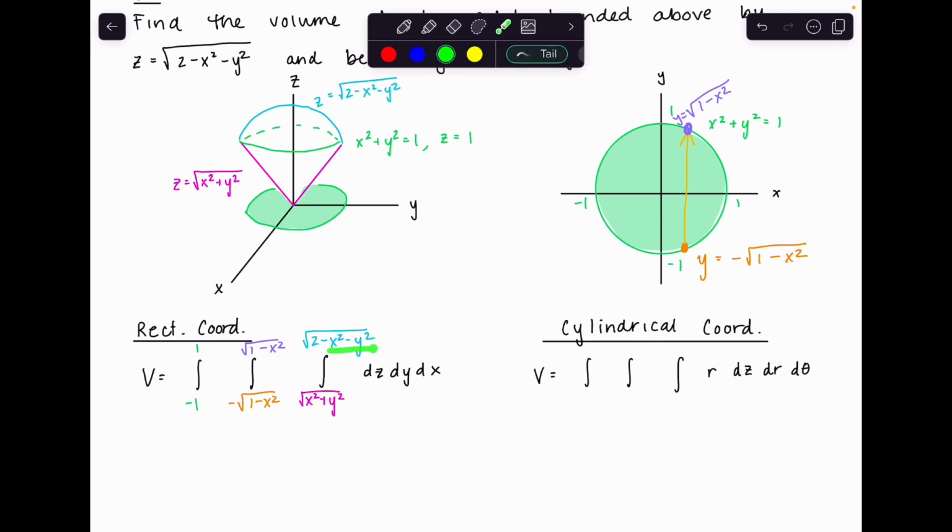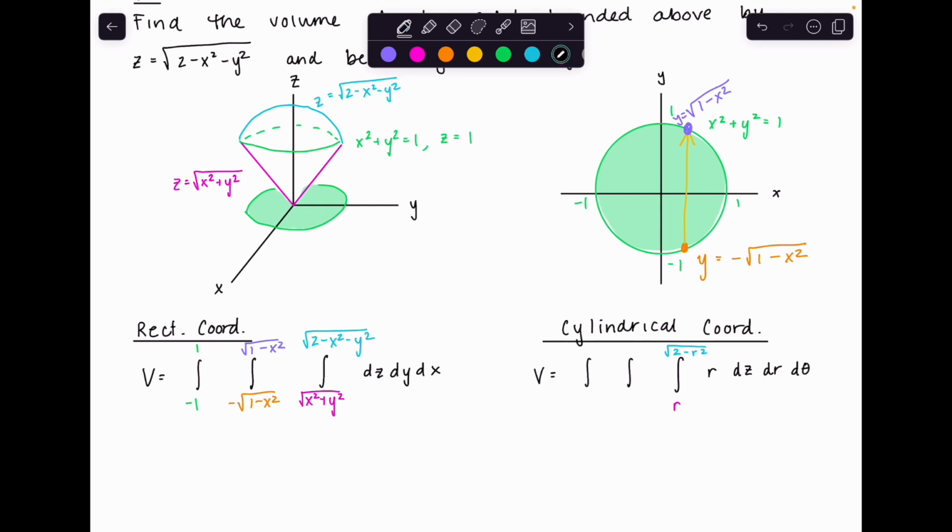And then here the only difference is the x squared plus y squared switched over to r squared. In the case of the bottom, you would be able to take a square root of r squared, so it just became r because we didn't have to worry about it being negative. And the top is the square root of 2 minus r squared.